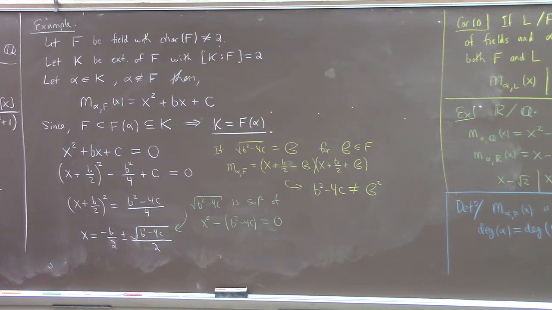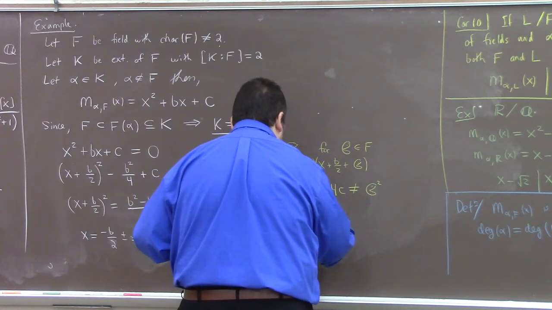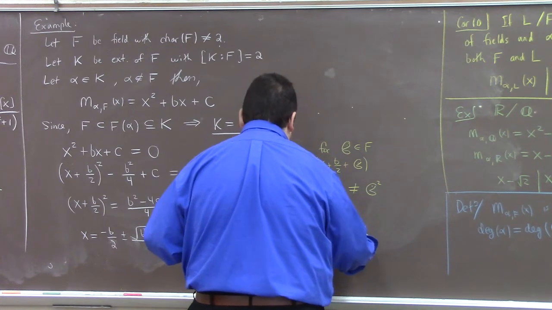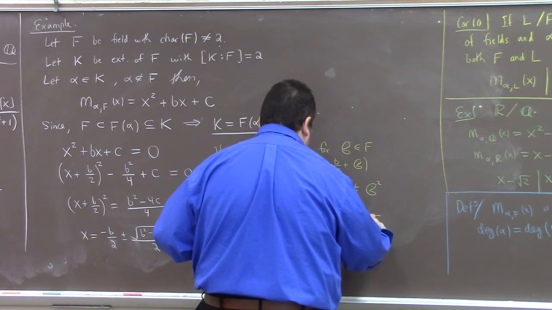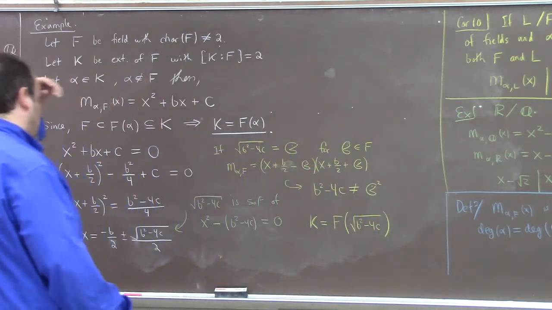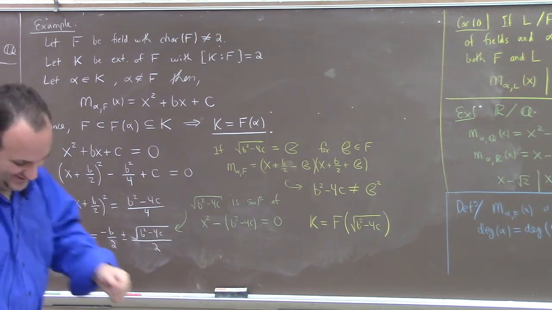But what this also means is that we can look at K as F extended by the square root of b squared minus 4c.